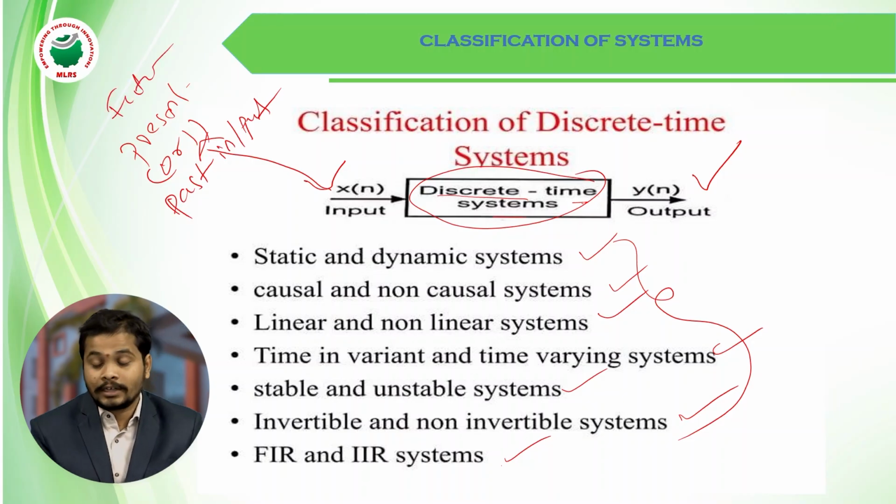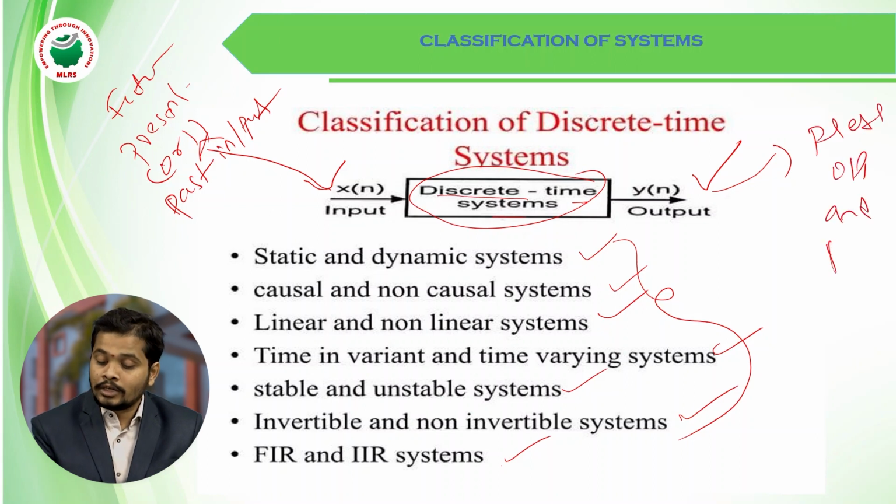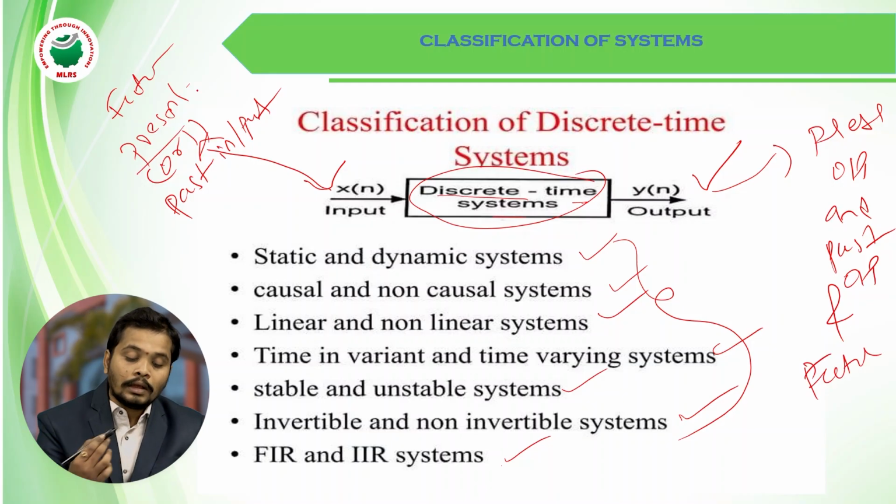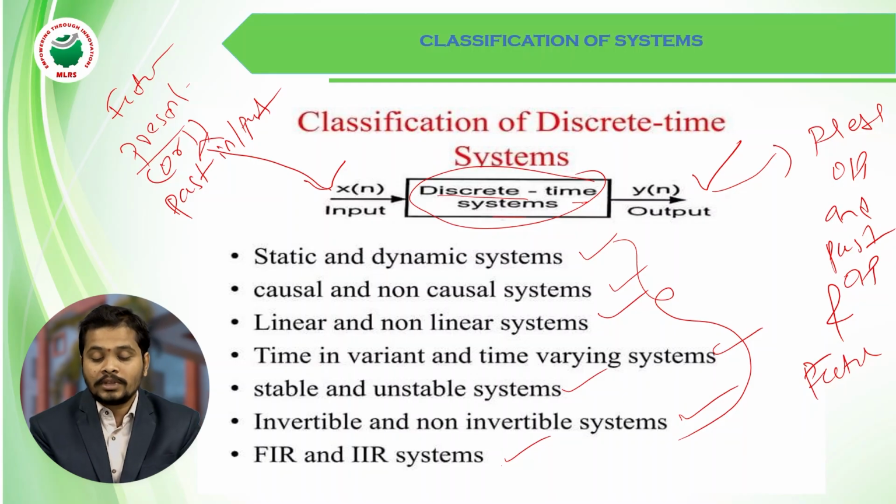That is, y of n, the output, can be present output, past output, and also future output. Depending upon these present, past and future inputs, the systems are classified into these many types.